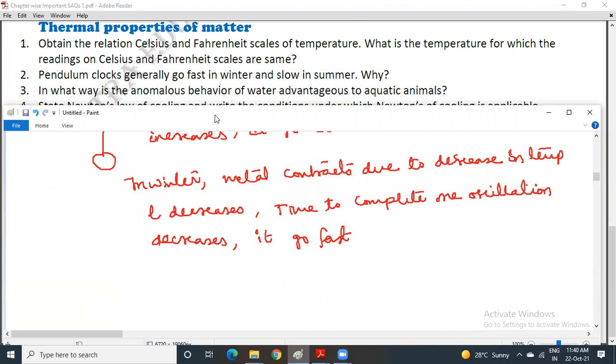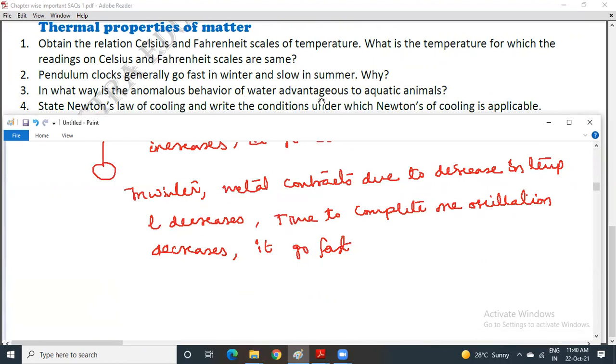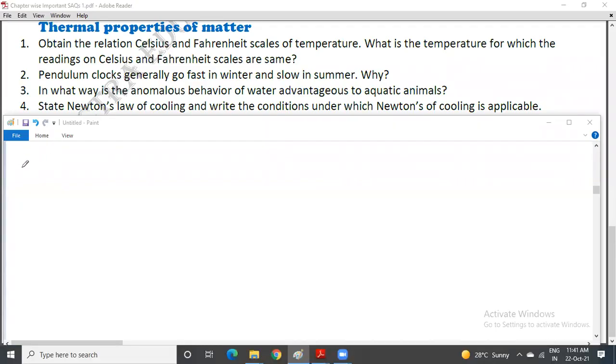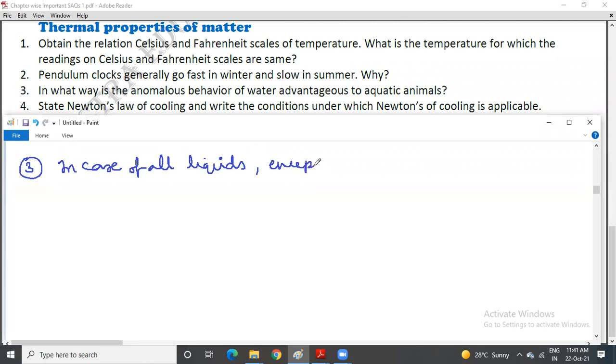In what way does anomalous behavior of water benefit aquatic animals? This is question number 3. In case of all liquids, except water, let us say first liquids.